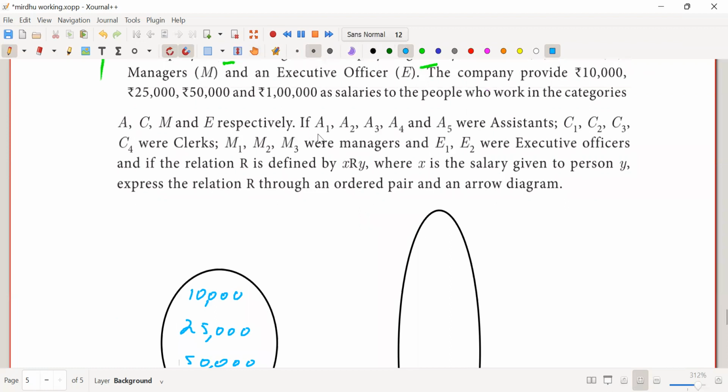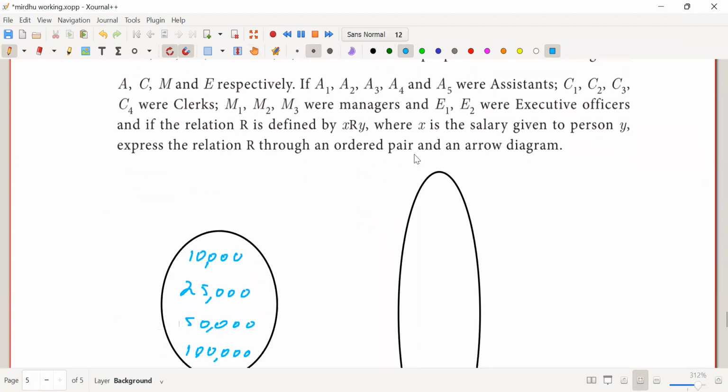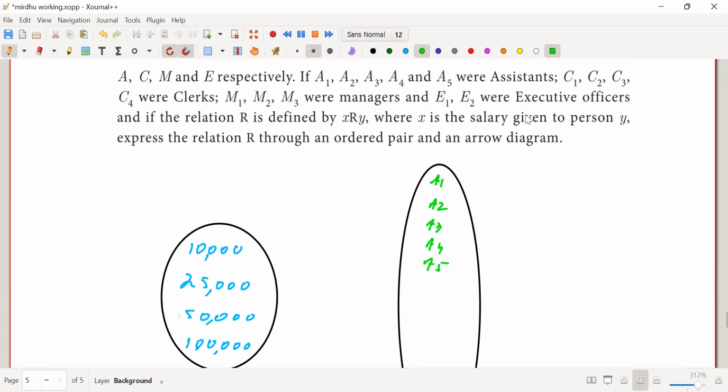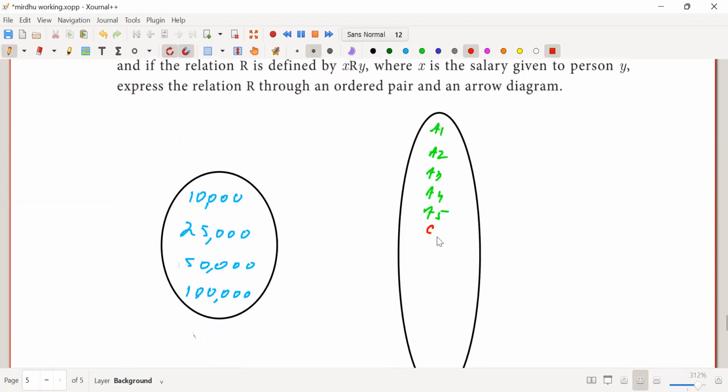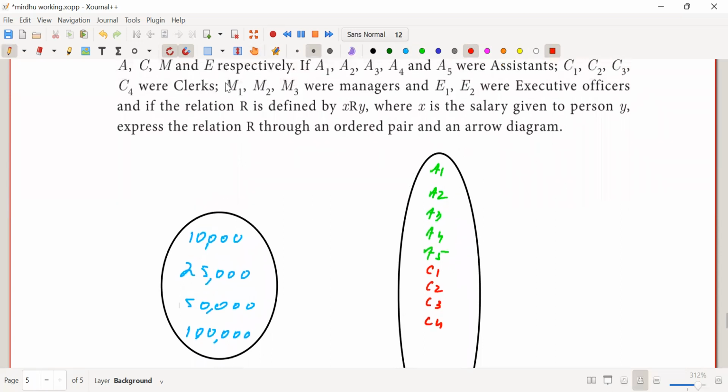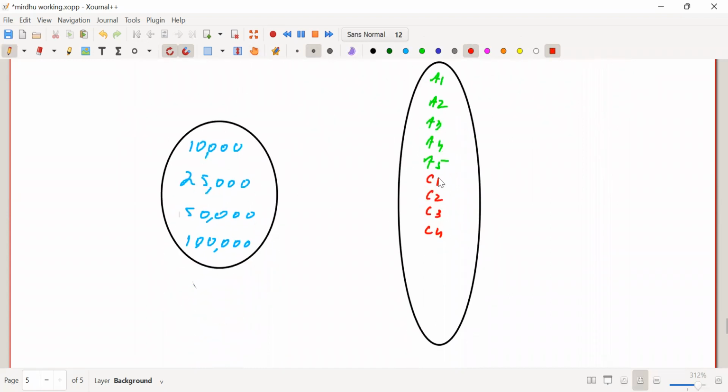Here A1, A2, A3, A4, A5. Then C1, C2, C3, C4. Then M1, M2, M3. Then E1, E2.